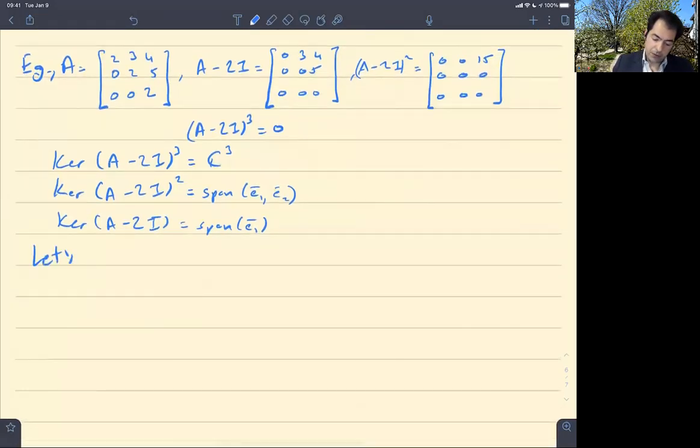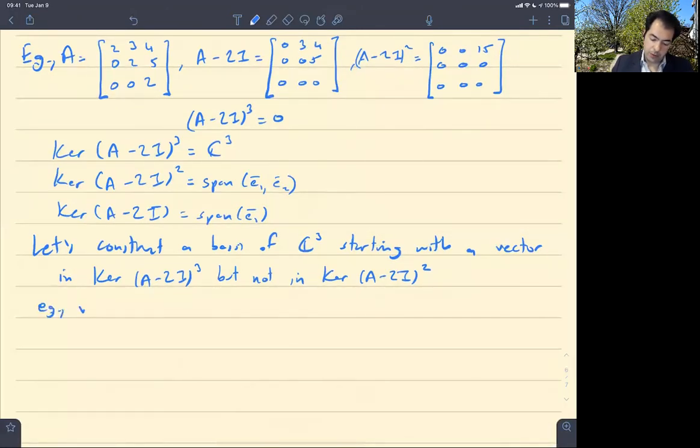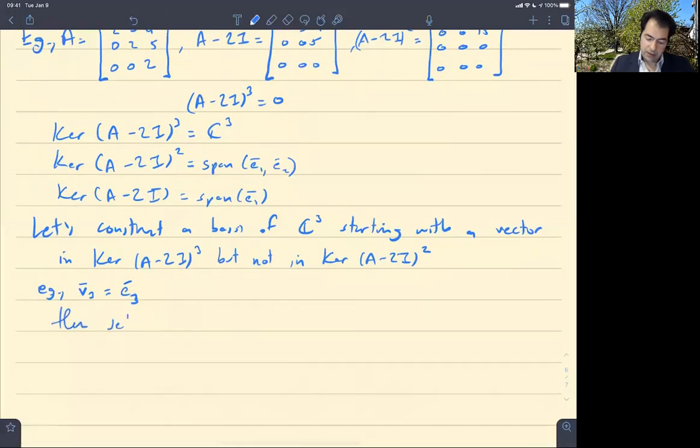So let's construct a basis of C3, starting with a vector in the kernel of A minus 2 times the identity cubed, but not in the kernel of A minus 2 times the identity squared. For example, an obvious choice is to start with V3 equal to E3. Then set V2 to be A minus 2 times the identity applied to V3, right?